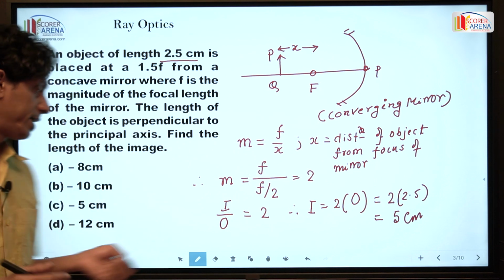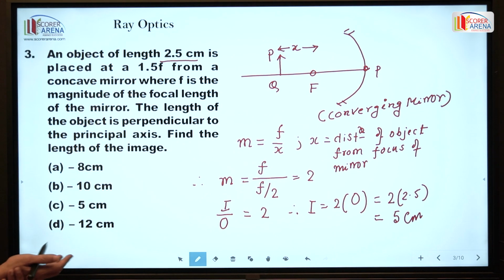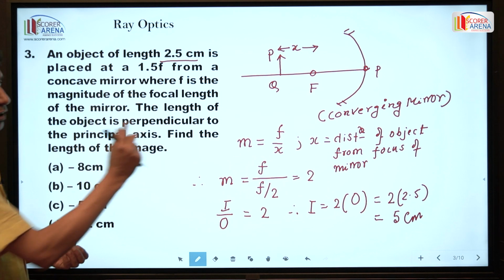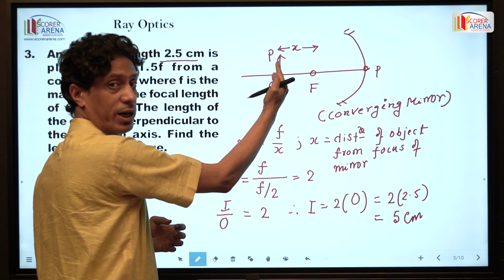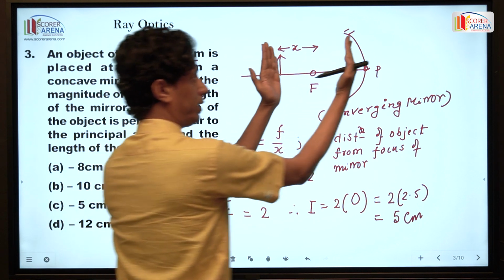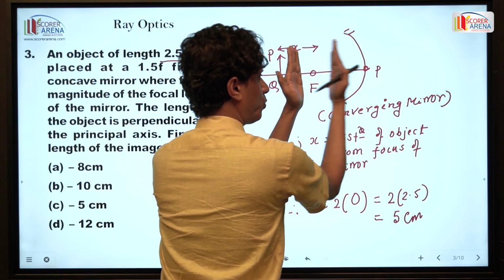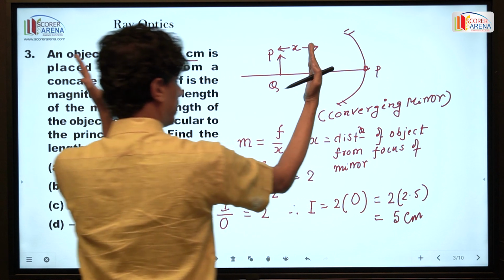Here options are -8, -10, -5, -12, all the options given here are negative. So therefore here negative sign implies that image is real. Since this object is placed outside the focus, it has two zones. One zone is inside from pole to focus and focus to infinity.